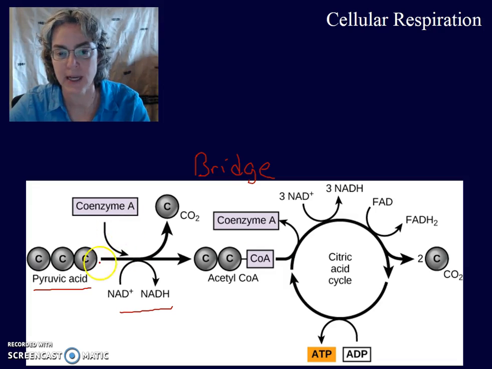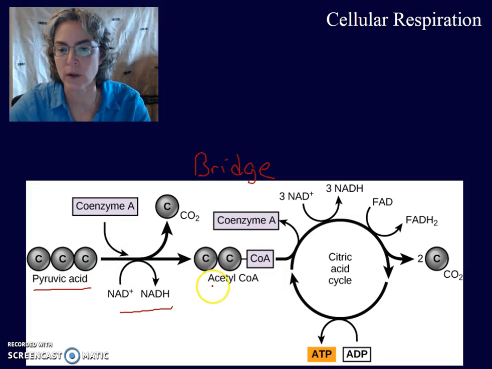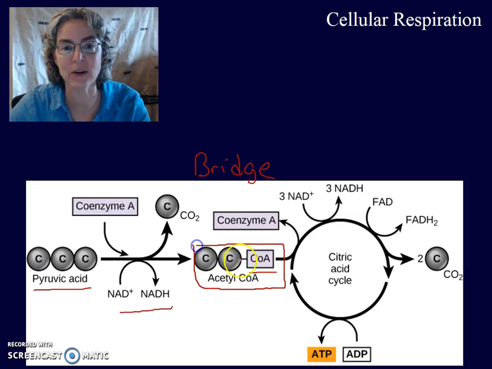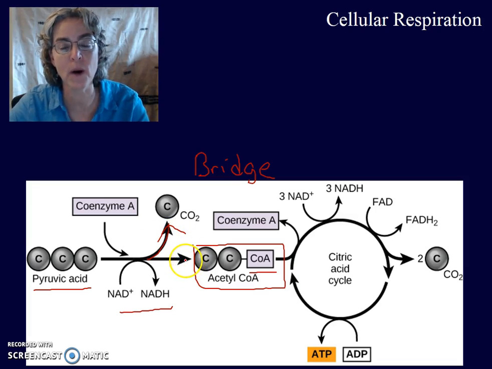And in this step, pyruvic acid will be attached to this coenzyme A, so that the whole molecule is now called acetyl-CoA. And in the process, carbon dioxide, here it is, our first molecule of carbon dioxide.